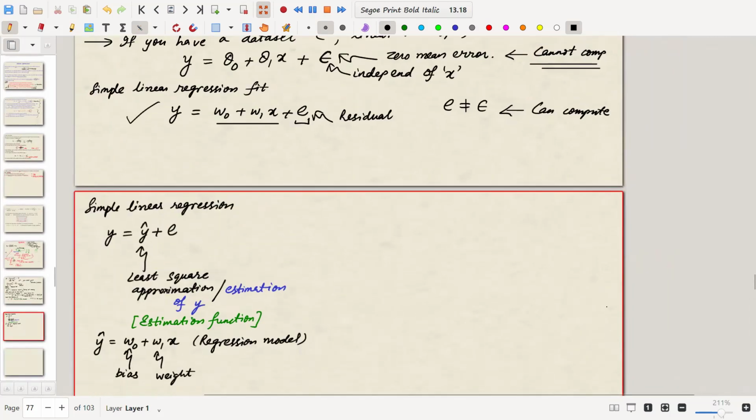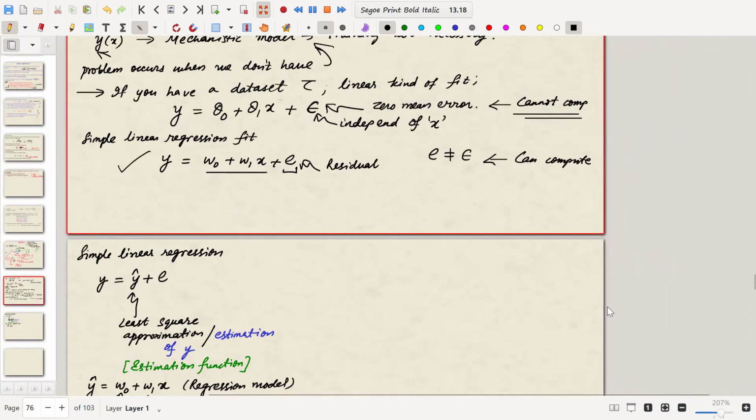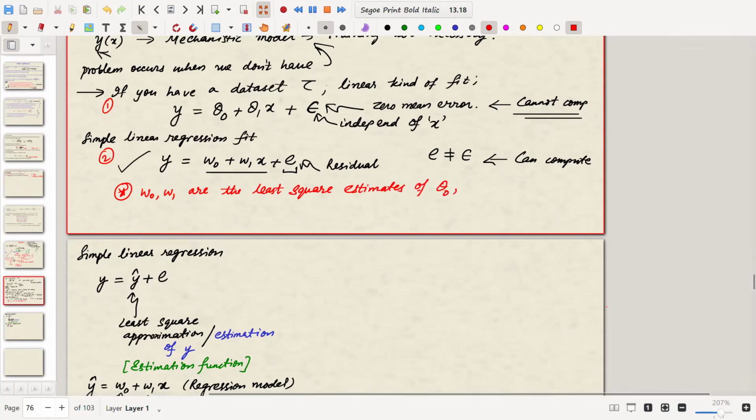Going back, one more important step I forgot to tell you, as compared to this model 1 and 2, is that W0 and W1 are the least square estimates of theta naught and theta 1. I'd already told you, you cannot compute these, so you have to estimate them, using simple linear regression fit and least squares. You come across y equals w0 plus w1x plus e, the residual. So theta naught differs from w0, and theta 1 differs from w1.